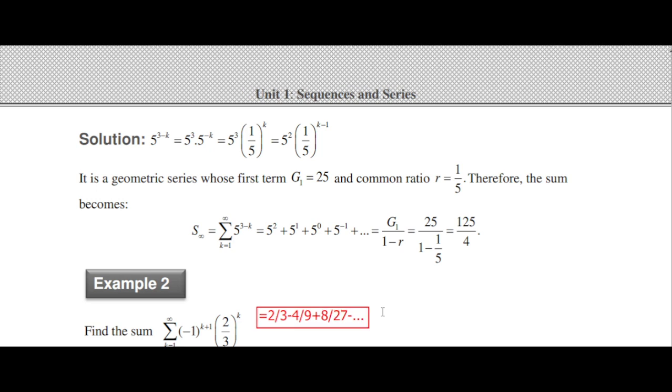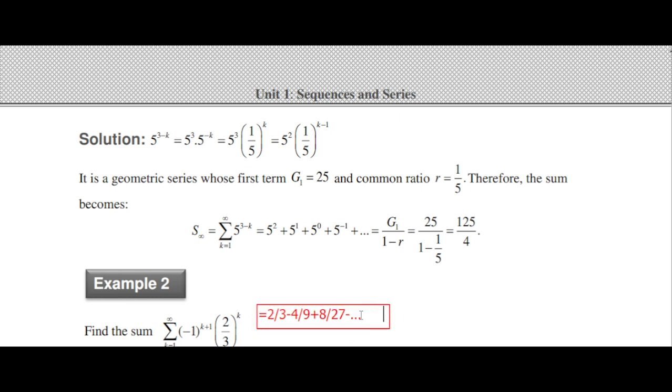Now for this one, the first term will be 2 over 3. What is the common ratio r? r is equal to minus 4 over 9 divided by 2 over 3, which means minus 4 over 9 times 3 over 2, minus 2 over 3. After simplifying we get r equal to minus 2 over 3.